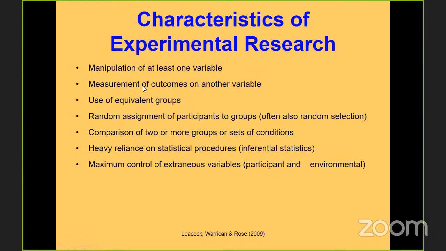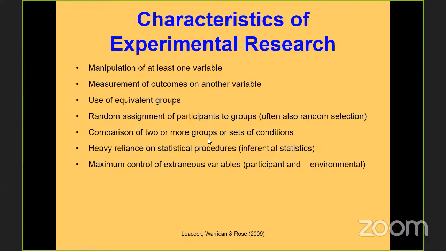So what is an experimental group? It's where you manipulate at least one variable. In the study itself, you figure out how that variable affects another variable. You use two or more groups that are supposed to be as equivalent as possible. You assign the participants to each group randomly. Remember, random means that anybody has an equal chance of being in each group.